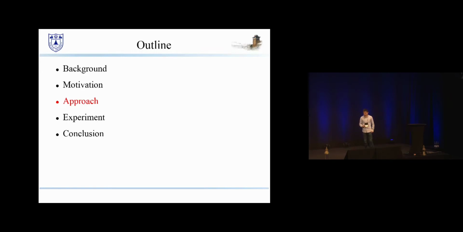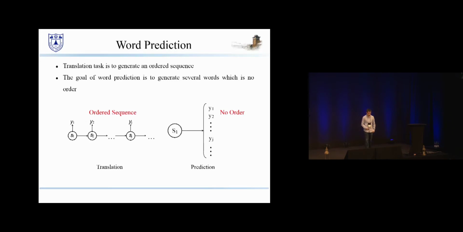This part is our approach for this problem. We use word prediction as the basic mechanism. The aim of word prediction is to predict all target words that will be generated as the translation, different from generating the translation, which is to generate an ordered word sequence.